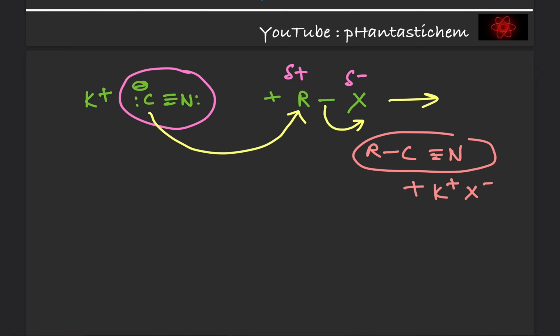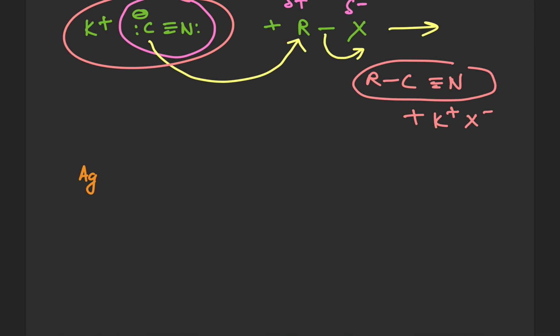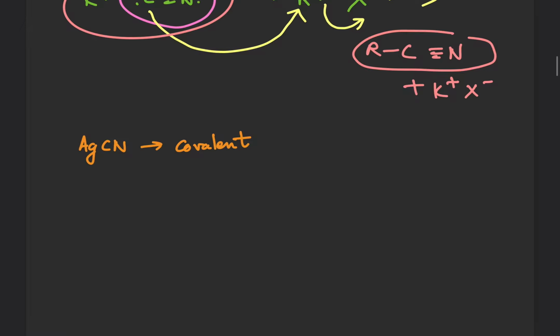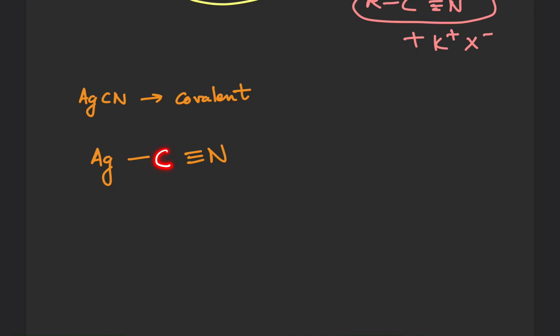That's why we get cyanides with KCl. But silver cyanide is covalent in nature. Okay, so AgCN is covalent. So therefore, only nitrogen's electron pair is available for bond formation. So therefore, alkyl isocyanides are the major product. Okay, that is with respect to reaction, AgCN here is this. So here you can see carbon is making a bond with Ag. So only the electron pair on nitrogen is available to attack our RX.